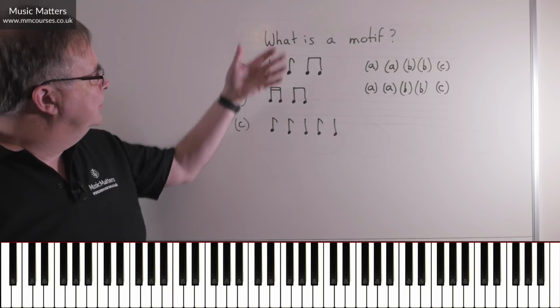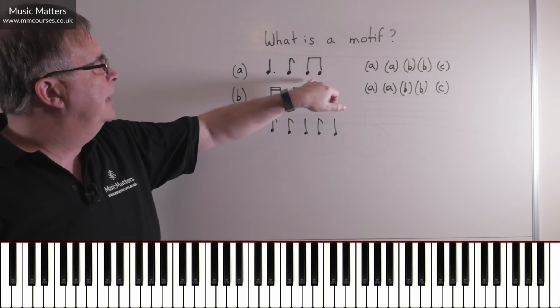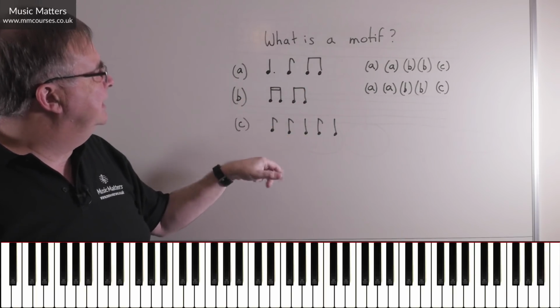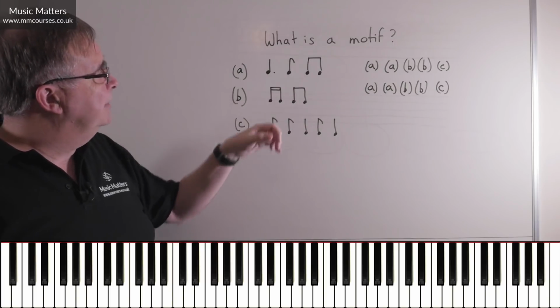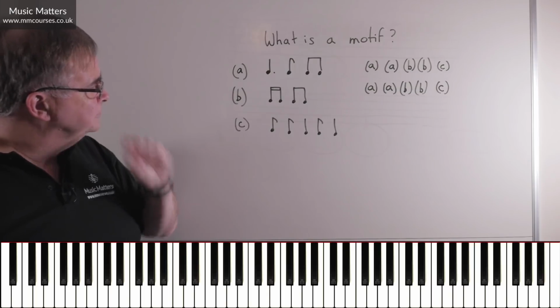You could talk about what the relationship of one motif is to the next. You know, you've got a pair of quavers there, a pair of quavers here, you've got the use of quavers here. The two semiquavers are a kind of diminution of the two quaver rhythm.